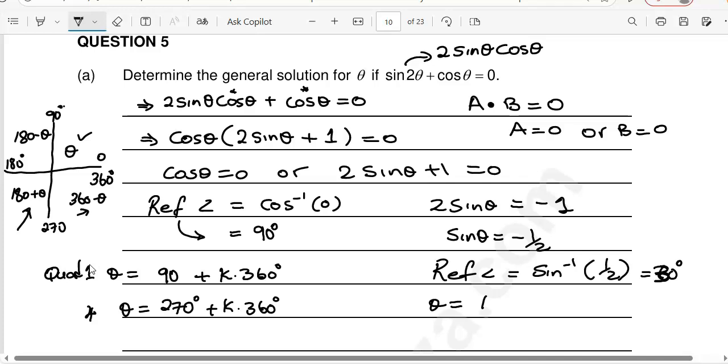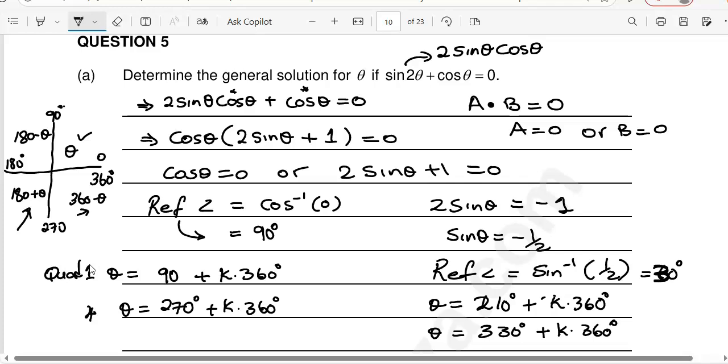This should be 30. The sine inverse of 1/2 is 30. I'm very sorry about that. So now it's going to be 180 plus 30, so it should be 210 degrees. You add k times 360 degrees. That's for quadrant 3. For quadrant 4, theta will be 360 minus 30, so it will be 330 degrees, plus k times 360 degrees.